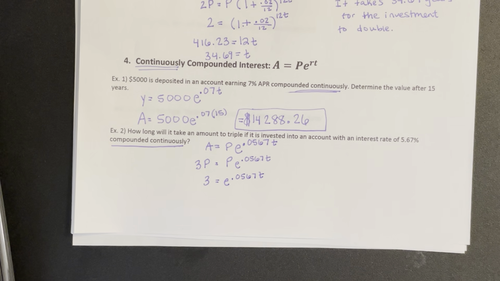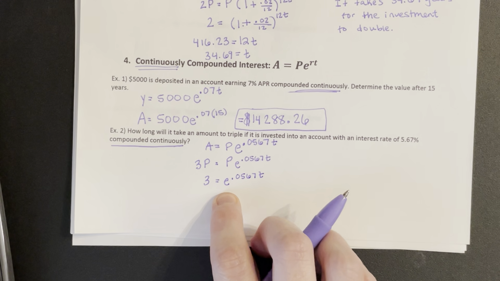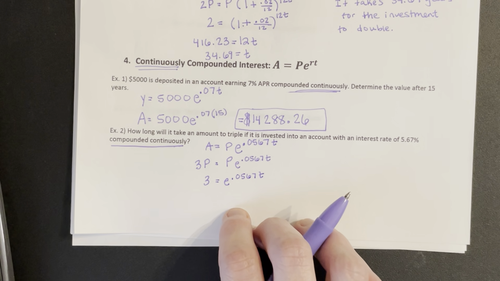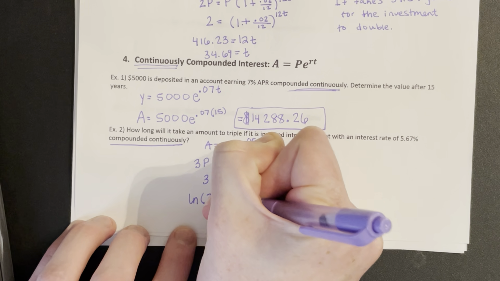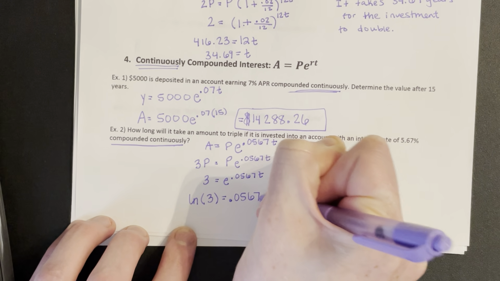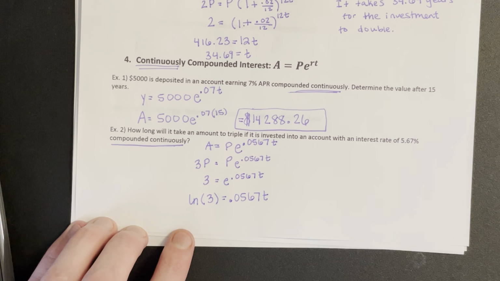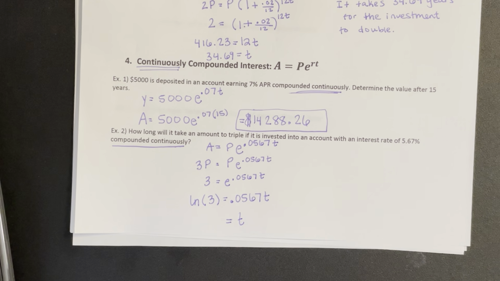If I'm solving this exponential, I'm trying to convert to a log. This is a base of e, and when we do a log base e, we just use the natural log. This becomes the natural log of 3 equals 0.0567t. I divide by 0.0567, and we see what that is in my calculator.